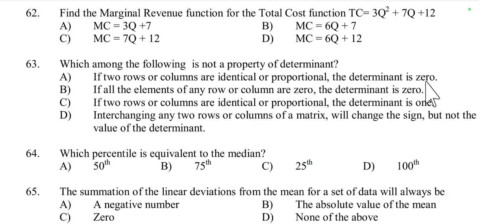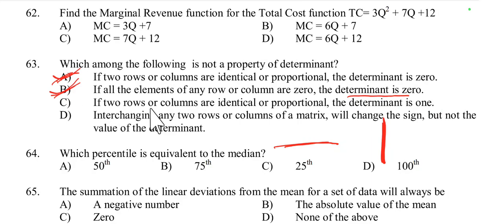If I find the value of determinant, it will be 0. So this is right. Then option 2, if all the elements of any row or column are 0, then the determinant is 0. Yes, if all the elements of a row or a column are 0, then the determinant value is also 0. So option B is also right.